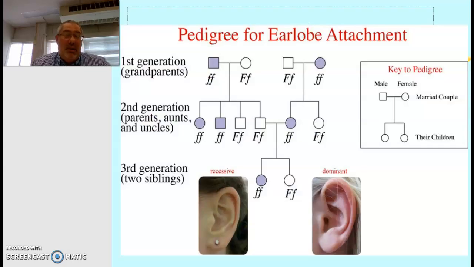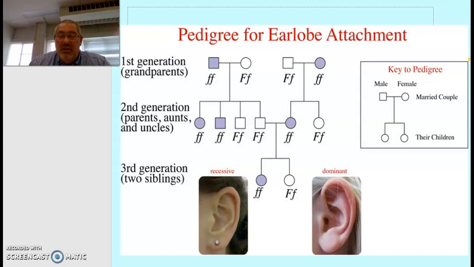So, it is possible to trace the inheritance of a recessive trait from one generation to the next, say in a family, by putting together what's called a pedigree.